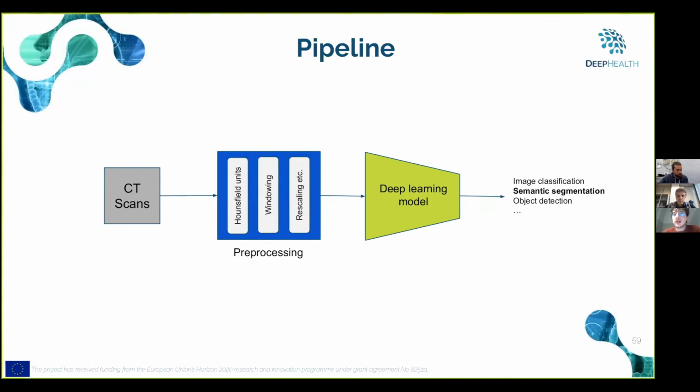Then we can do the task that we want, for example image classification, semantic segmentation, object detection, and so on. In our case, we want to do semantic segmentation, so we want to label each pixel with 1 or 0, background or tumor.